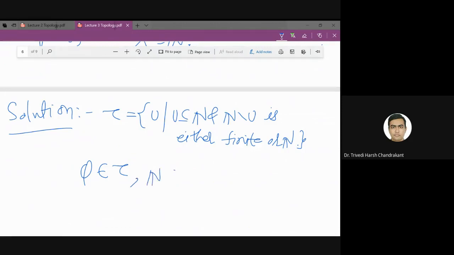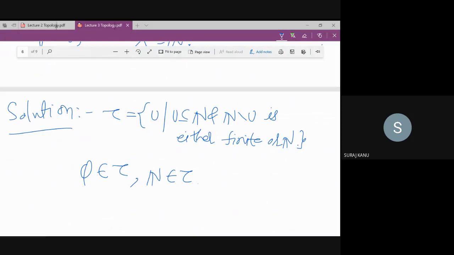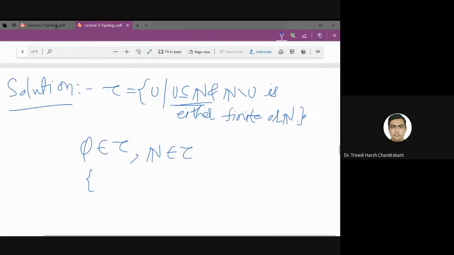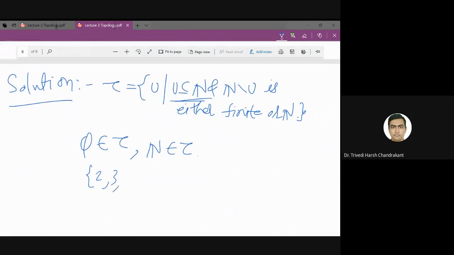The second is that N also belongs to tau. So except these two sets, what kind of sets do you have? 2, 3, 4, 5, 6, except 1, yes. If I don't take one element, because basically we need a subset of natural numbers, I take 2, 3, 4, and so on, the set he has suggested.